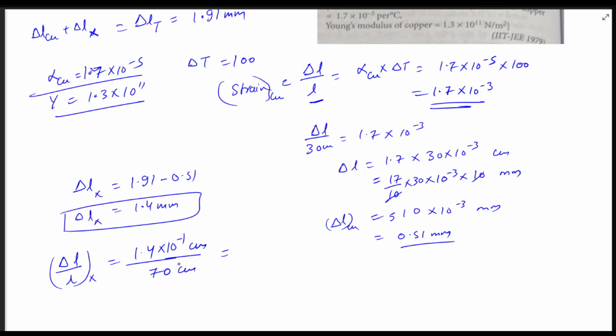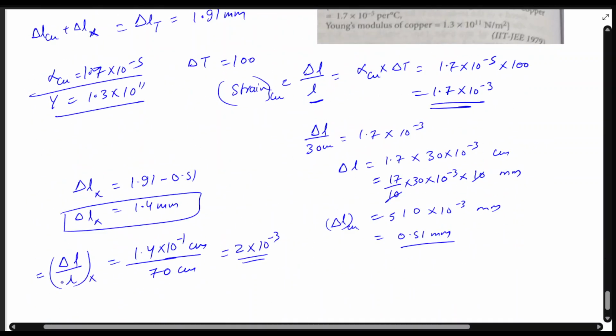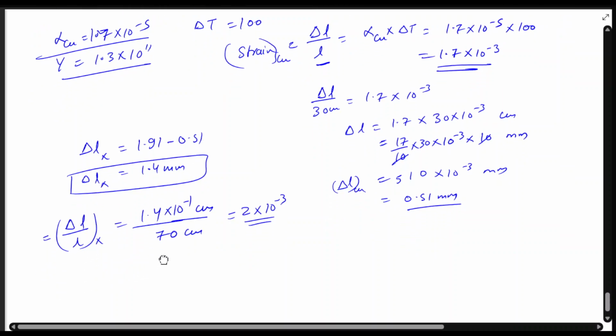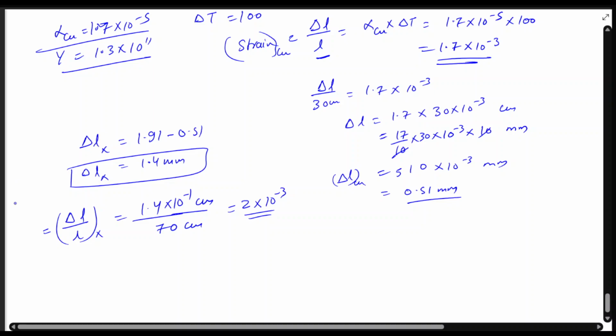So we will have 2 into 10 raised to power minus 3, right? So this is strain of X. Okay, so simply we can find Y as stress upon strain.